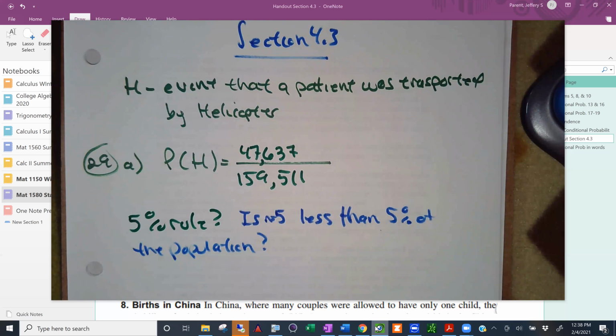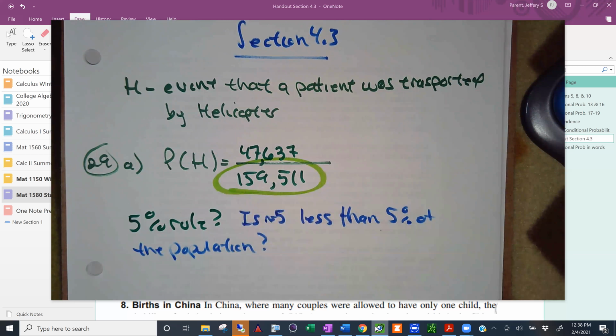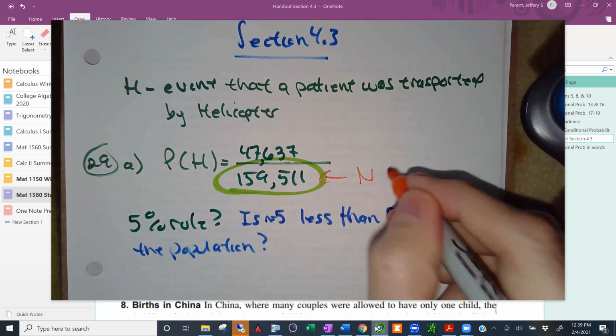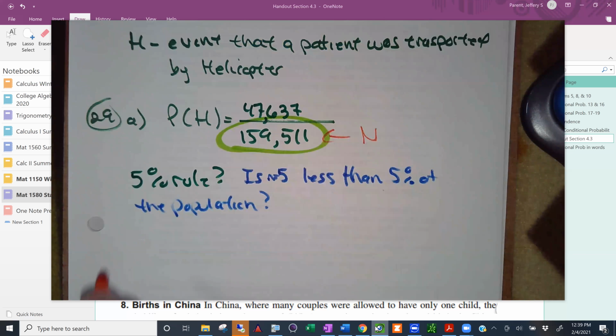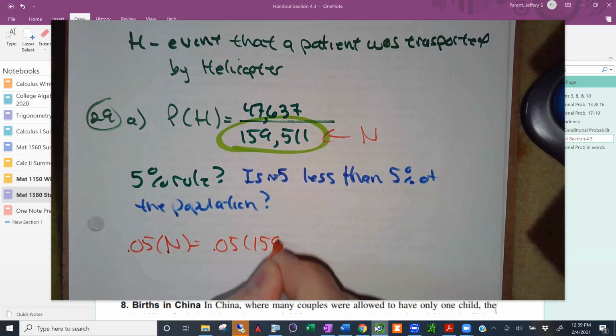Yeah. If you wanted to figure out 5% of the population, that part right there is your population size. Call it capital N. 0.05 times N is really 0.05 times 159,511.